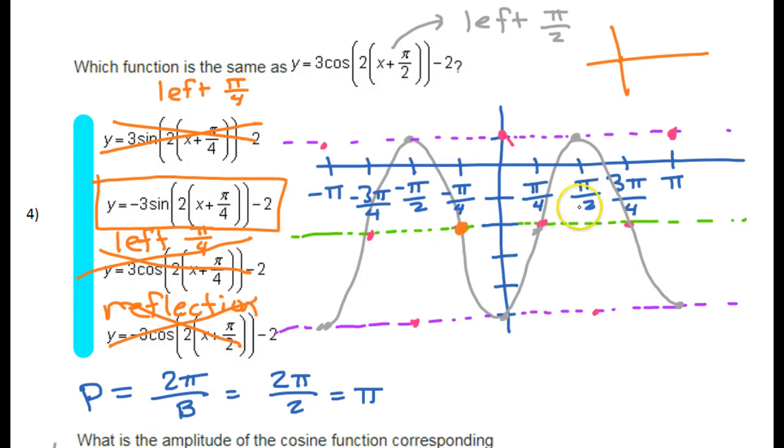So that tells me that it's got to go down first and then up. So if we were to do that, starting from here, and if we went down first and then up, oh look, it matches perfectly what we already have. So that's why this is the answer.